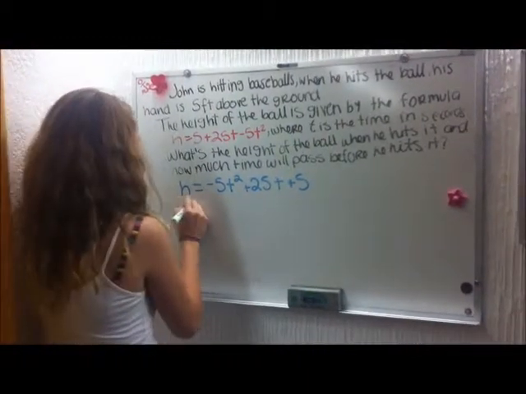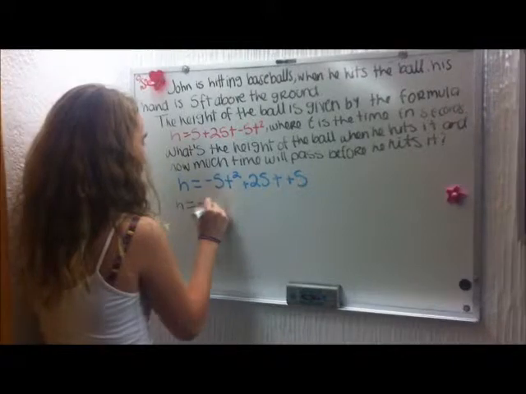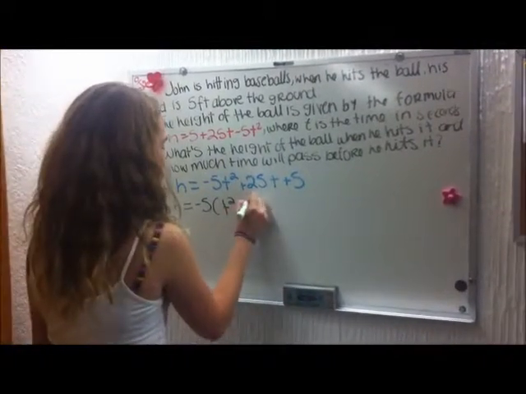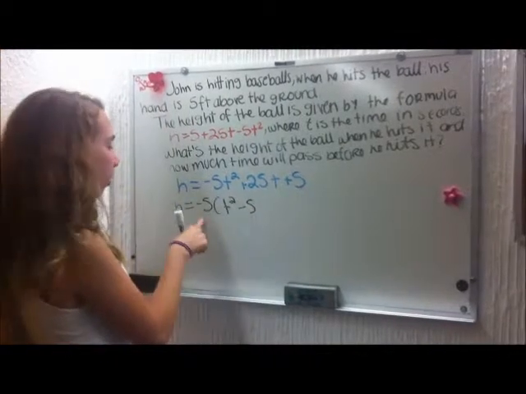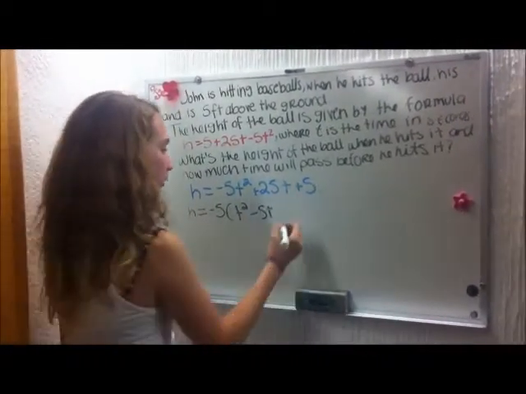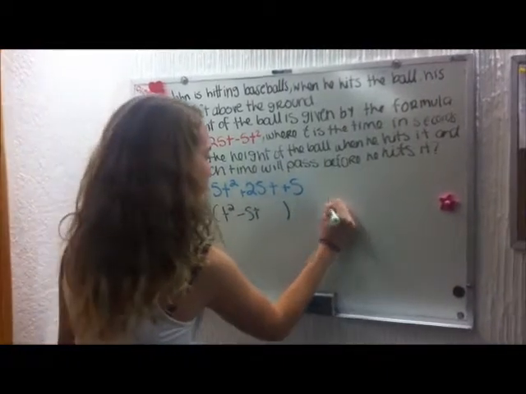So we have that h equals minus 5 times t squared minus 5, because minus 5 times minus 5 is 25, t plus 5.